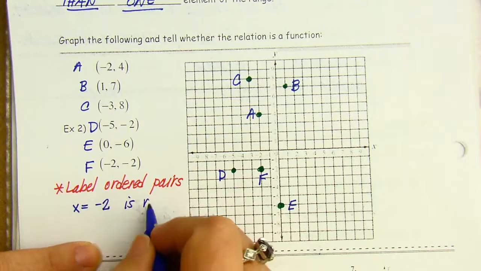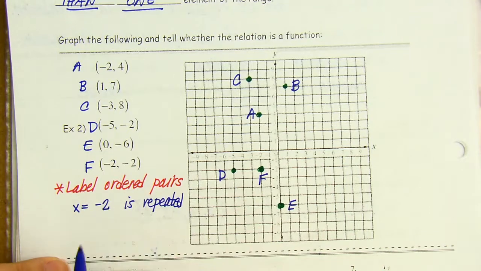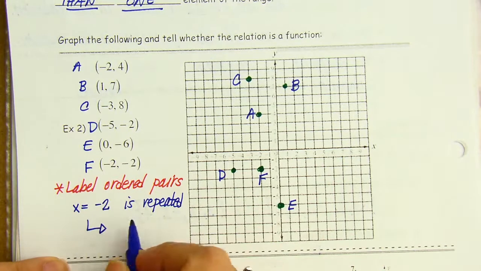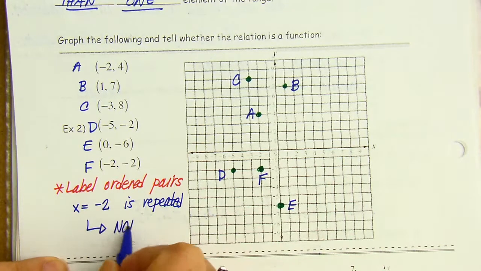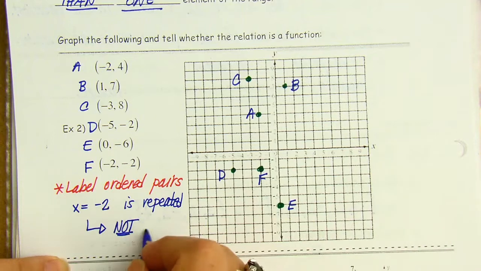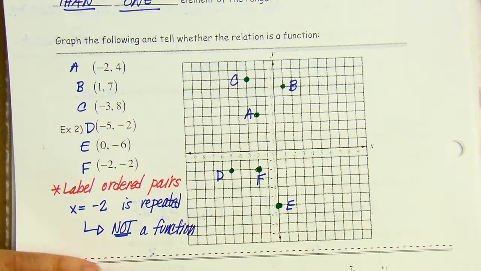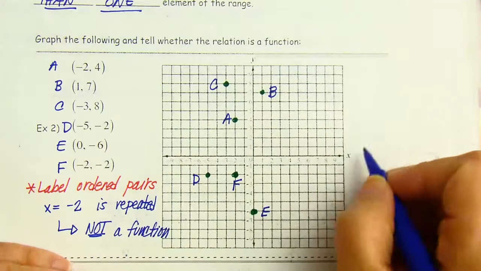So x equaling -2 is repeated. So this is not a function. -2 is being used twice with two different y's. Okay, and don't forget, 0, 0 is your origin.